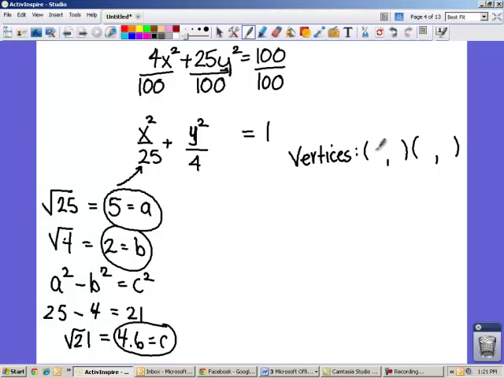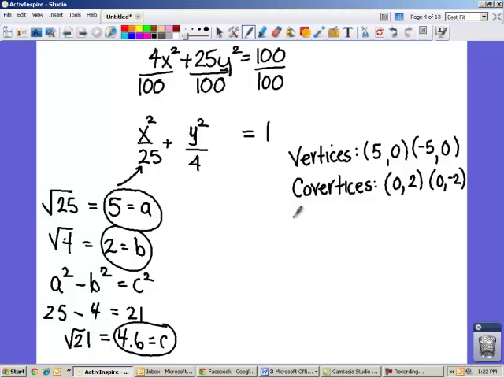So we're going to have a, comma 0, the opposite, which is the negative a, comma 0. And our a is 5, so we'll fill in 5 and negative 5. Now the co-vertices are the opposite, meaning they're going to start with 0 and then have your b, which is 2. So 2 and negative 2.